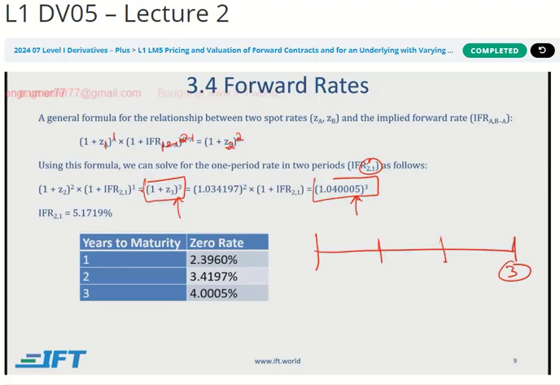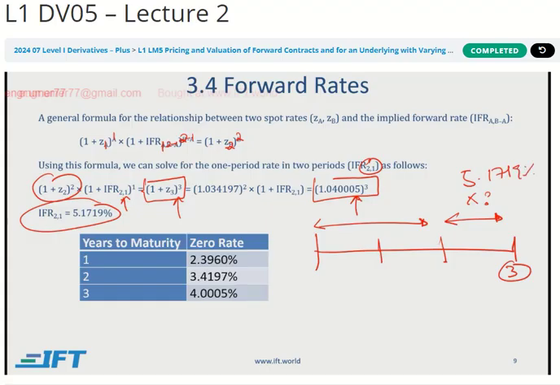And then we compare it to if we invest it for 2 years, which is this one, and then another X rate over here, and that is what we compute over here, and it turns out that that will be 5.1719%. So this is how you calculate forward rates.